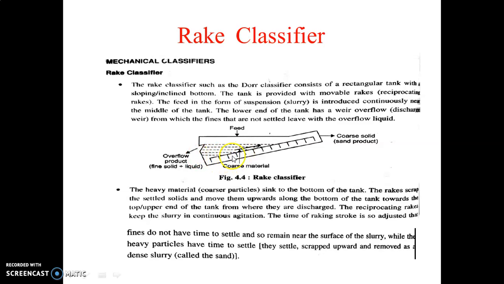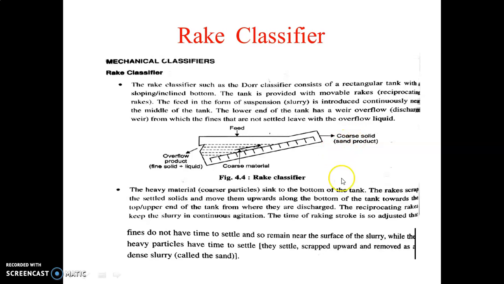This rake moves in the upward direction from the tank, and the coarse material moves with this rake and is discharged at the top of the rake classifier.